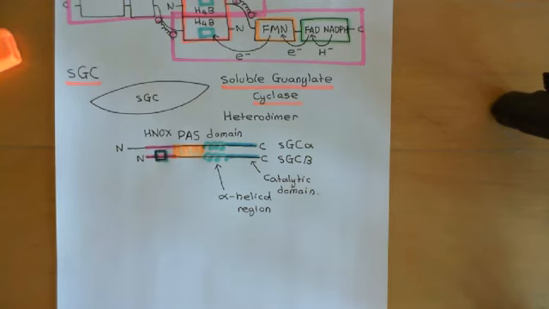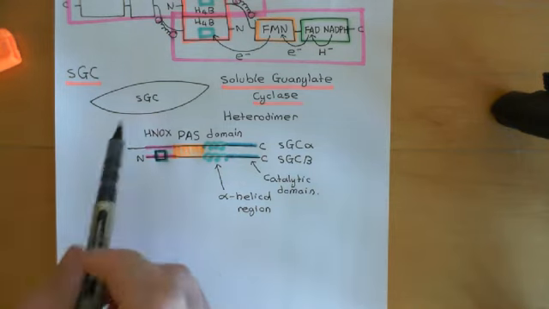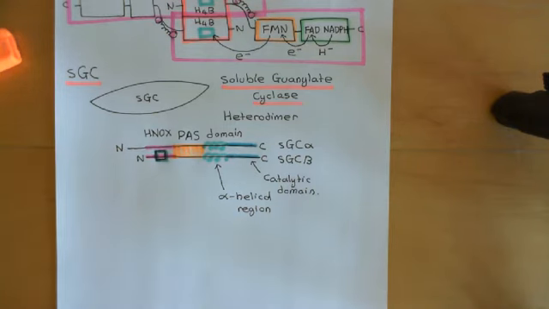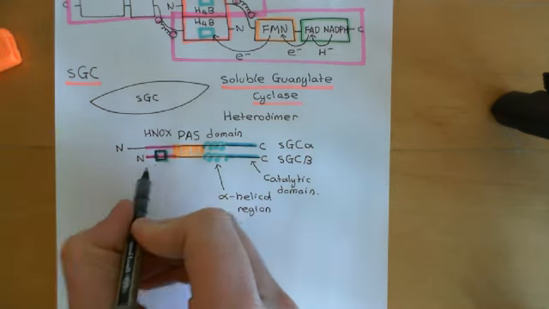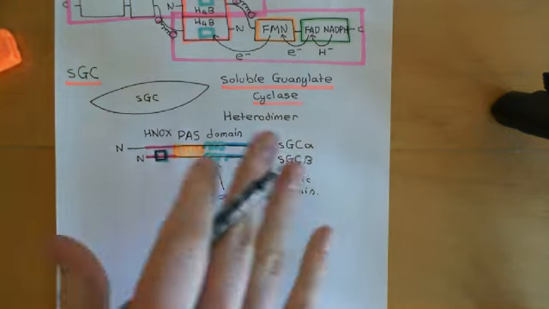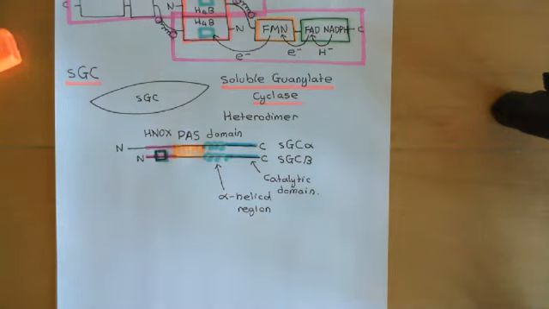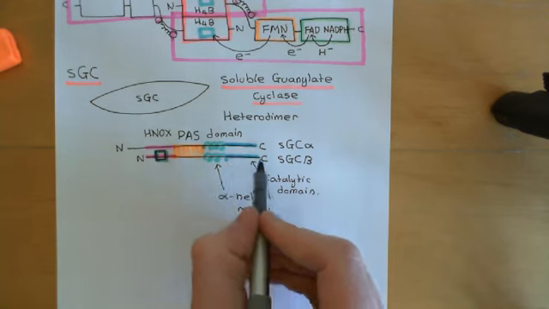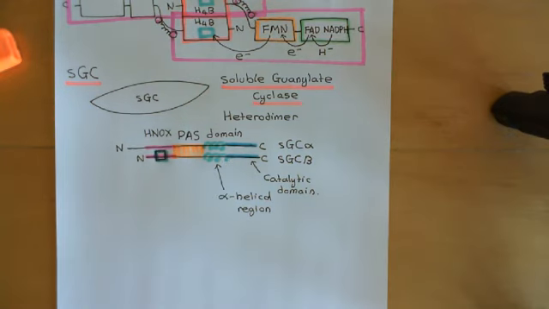The idea here is that nitric oxide, which is diffusing into the smooth muscle cells and is being produced by the endothelial cells, can now bind to that iron cation of this heme group, and that then leads to the activation of the soluble guanylate cyclase catalytic domain down here. So the binding of the nitric oxide to the heme group leads to a conformational change that then activates the catalytic domain.